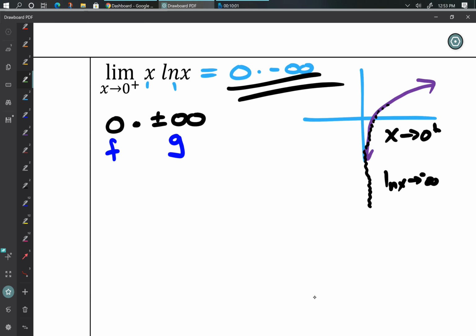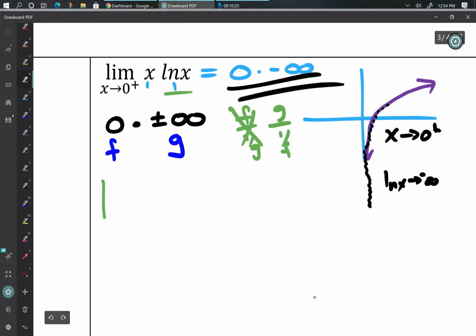So I'm going to look at my problem and say this: I don't want to deal with 1 over the natural log. So I am not going to do f over 1 over g. I'm going to choose to do g over 1 over f, because this looks ugly. I don't want to do 1 over natural log and then have to take a derivative in a step or two when I do L'Hopital's rule.